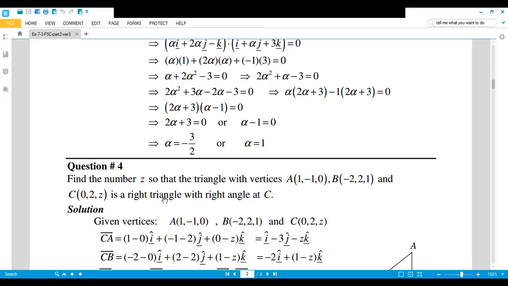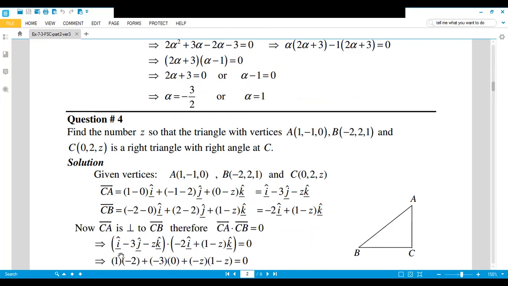So first of all, we find the vectors CA and CB. If you check, AC is perpendicular to BC, so their dot product should be equal to 0.